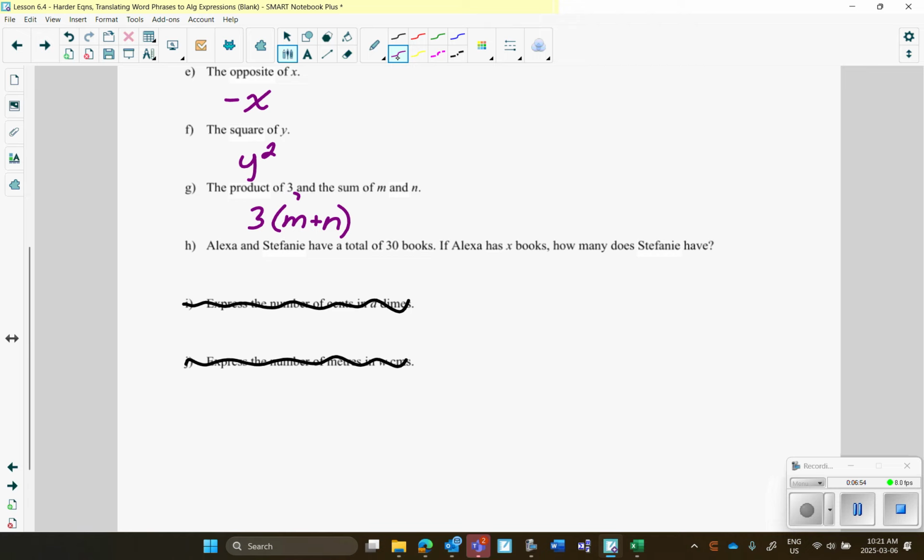Divided? Subtraction? Okay, let's say you and I have 30 books together. If I have 10, how many do you have? 20. How did I get that? Subtracted, not divide, subtracted.